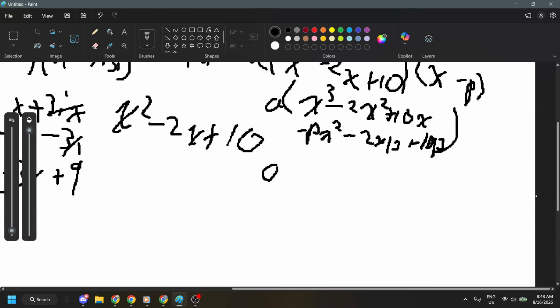So we have a times x cubed minus 2 plus p x squared. Sorry, I have like no room on my desk.